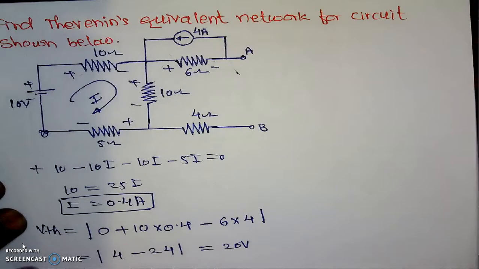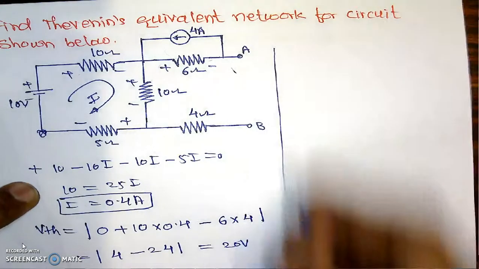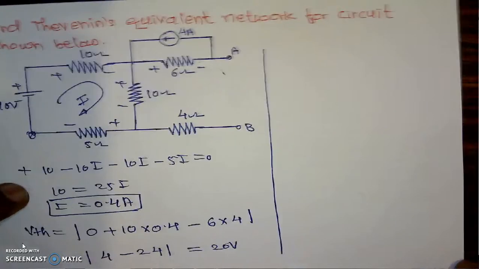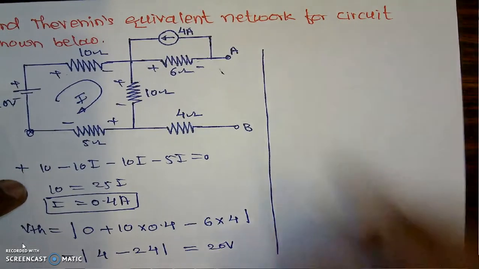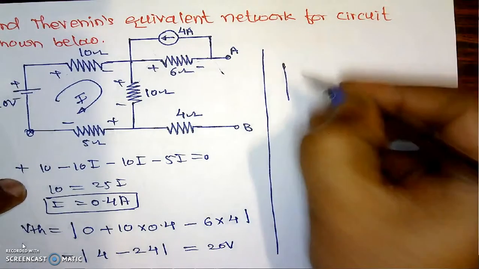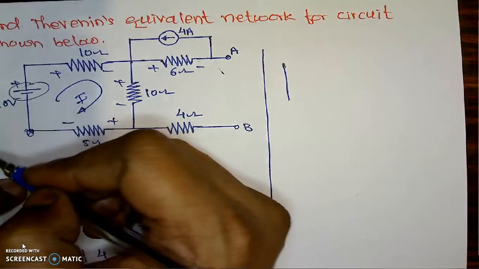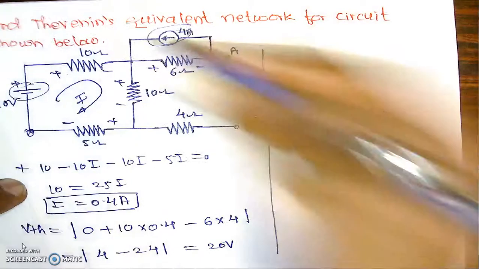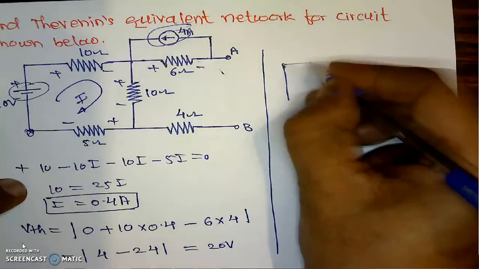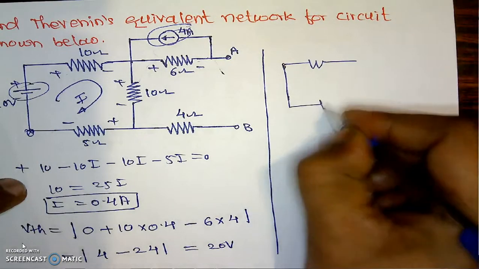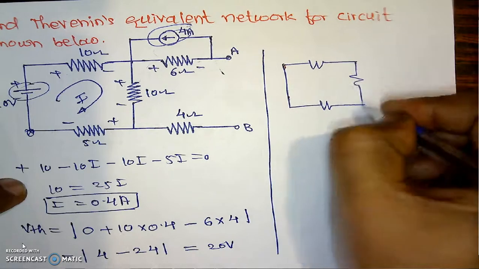And if we know the value of the VTH, then we can find out the value of the RTH. For the calculation of the RTH in this complicated network, load resistance is already removed. The voltage source is replaced by 0 resistance. The current source is replaced by infinite. This is the figure for the calculation of the RTH.